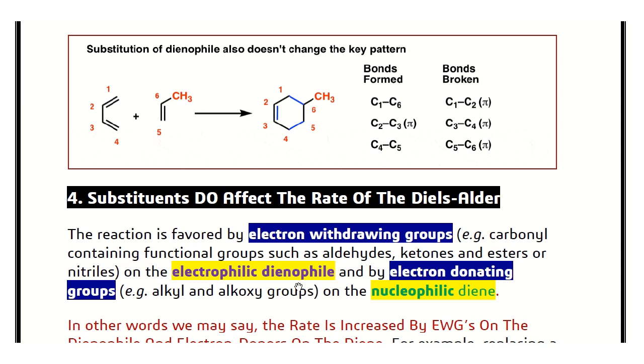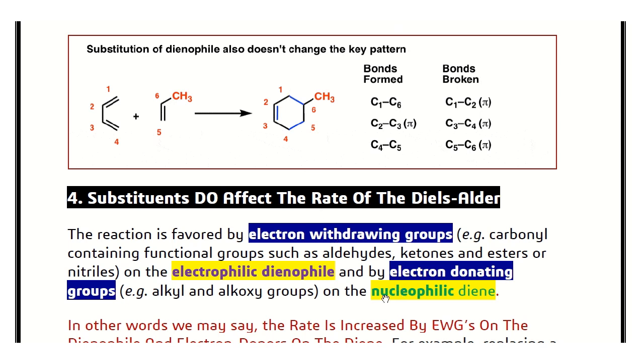In this reaction, the dienophile itself occurs as the electrophile. So if we substitute an electron withdrawing group like aldehyde, ketone, ester, or nitrile on the dienophile, then the Diels-Alder reaction can occur with good speed.